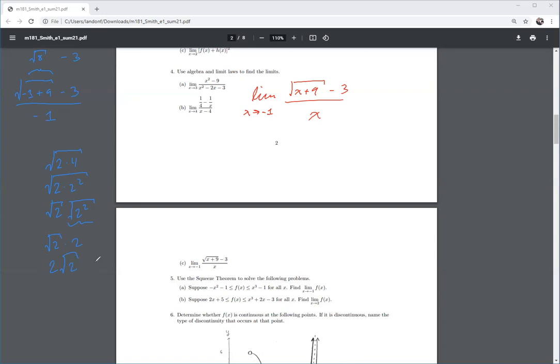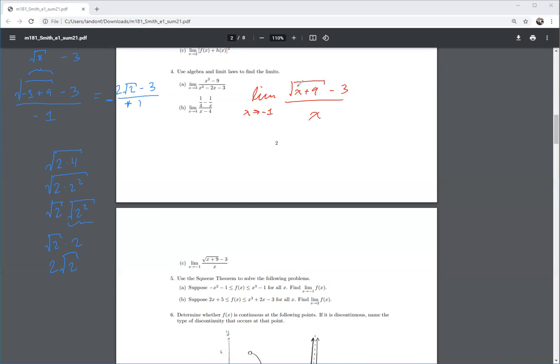And I think this is all right. I don't think there's any issues with this. It ends up being 2 root 2 minus 3 over -1. We can actually get rid of this minus if we want, just put it out here, turn that to a plus. And it's not an indeterminate form, it's just a number. And yeah, I think that's about it.